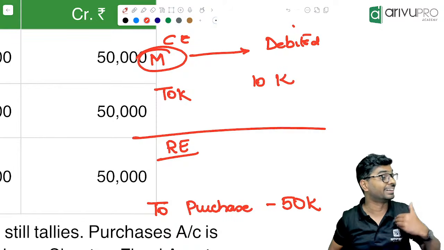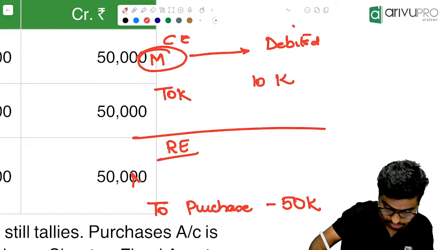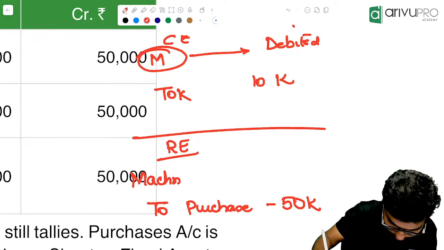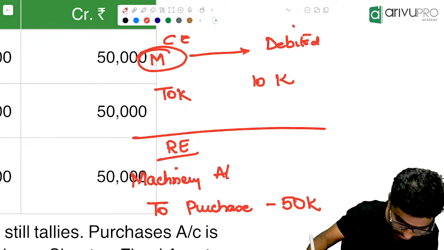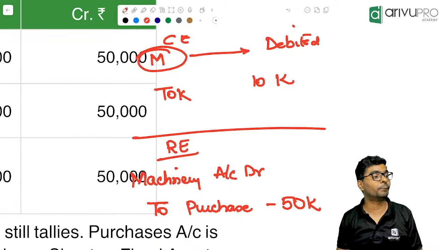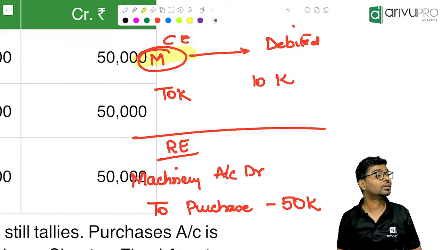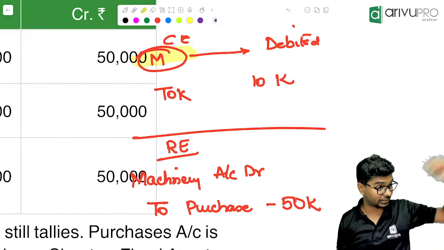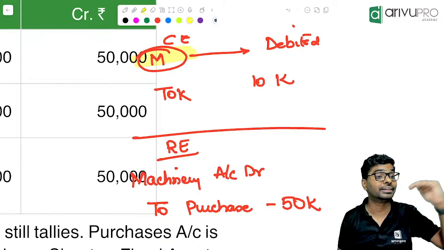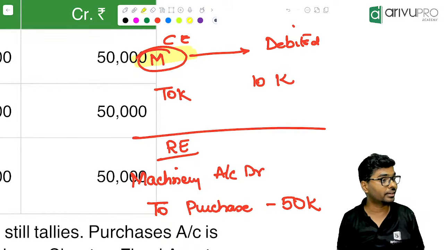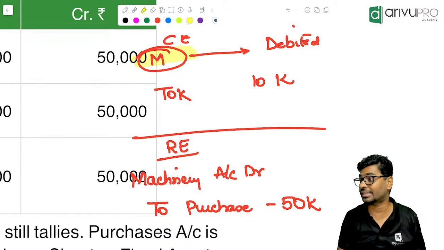So I should be debited. Machinery account debited to purchases. Now what did I rectify? I have rectified the debit. Are you all clear? Everyone, did you understand this?